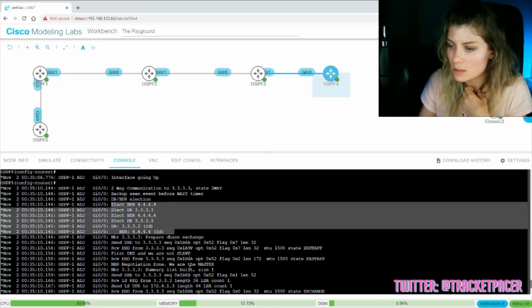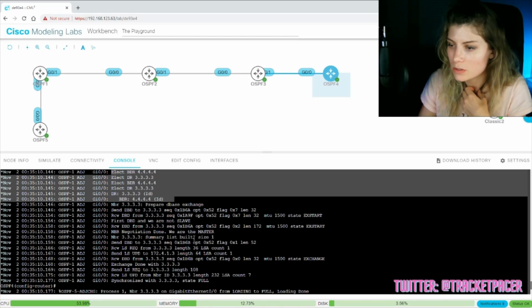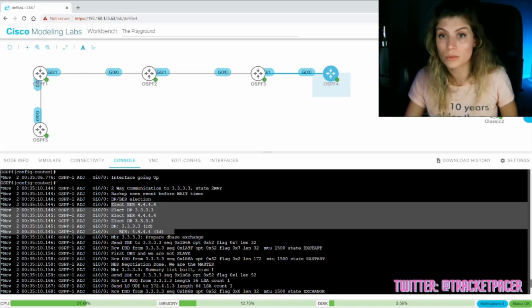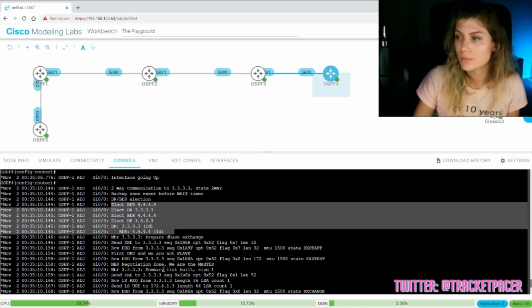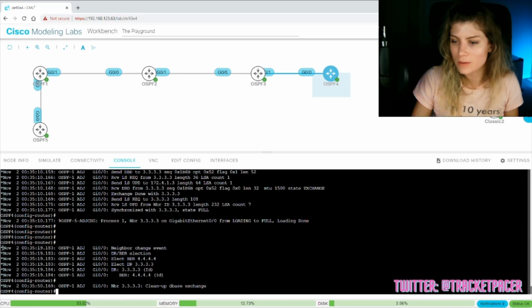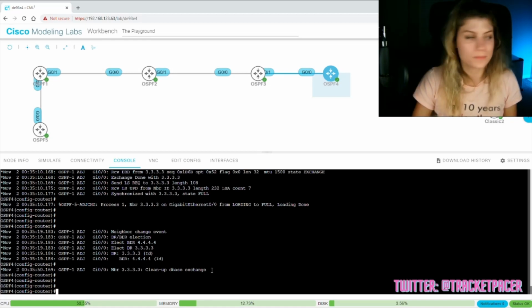No, yeah, and then it is doing 2 for some reason. I assume that that is not normal and this is a lab quirk. So we had an election here and we're having another election here. Every single router's done this, I'm pretty sure. But whatever. Okay, we're good.